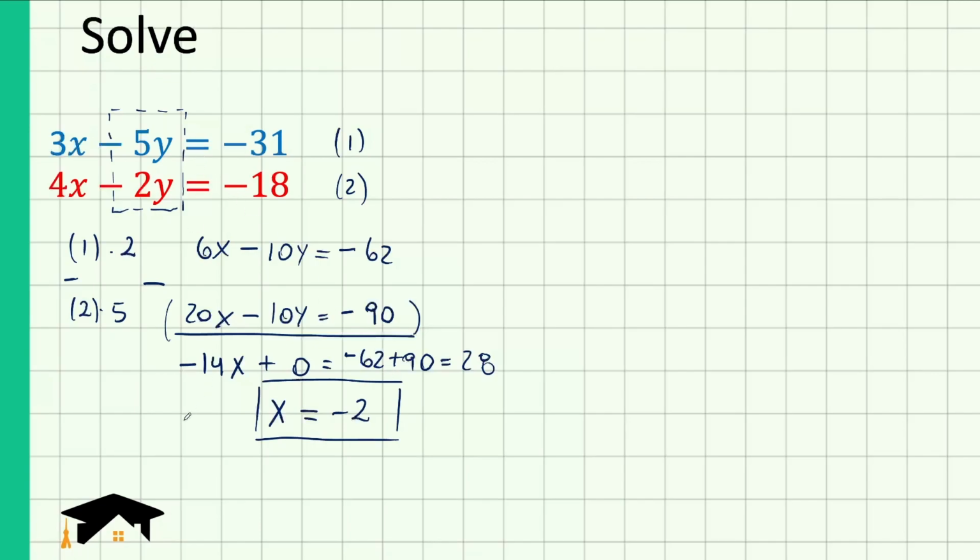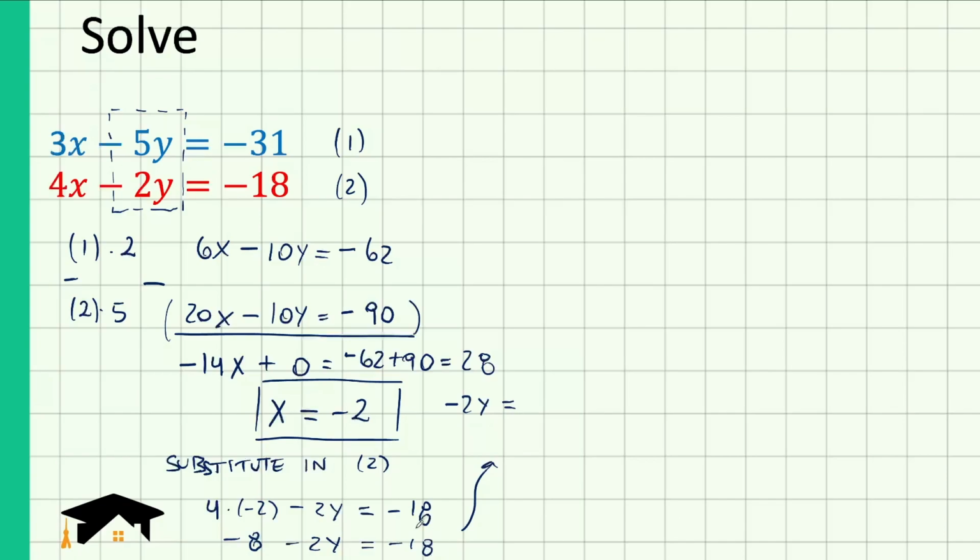Now let's replace in the second one. 4x is 4 times minus 2, minus 2y equals minus 18. 4 times minus 2 is minus 8, and then minus 2y equals minus 18. So moving this minus 8 with a plus sign to the other side will give me minus 2y equals minus 18 plus 8 is minus 10.